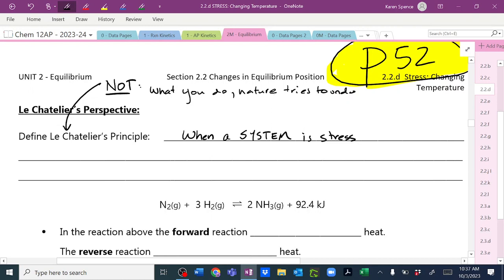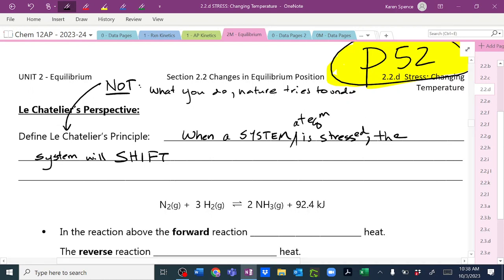We're going to say the system will shift. Oh, when a system at equilibrium is stressed. Okay, what's wrong with me? I can't even conjugate my verbs.